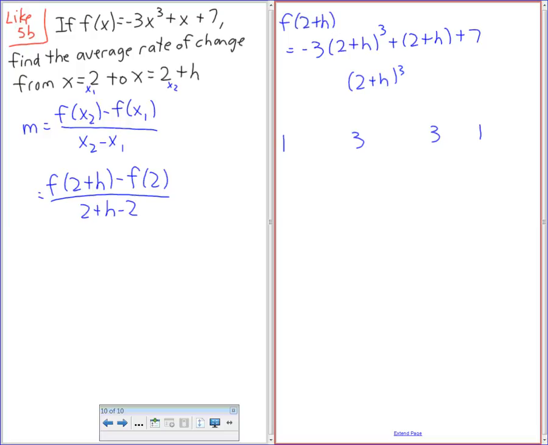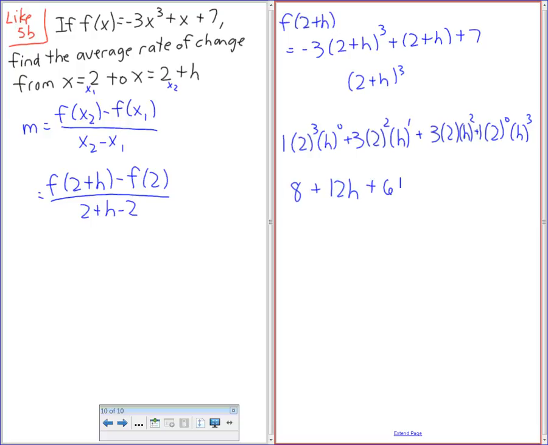What you're going to do is count down 2 cubed, 2 squared, 2 to the 1, 2 to the 0, and h to the 0, h to the 1, h squared, and h cubed. This turns into 8 plus 12h plus 6h squared plus h cubed.